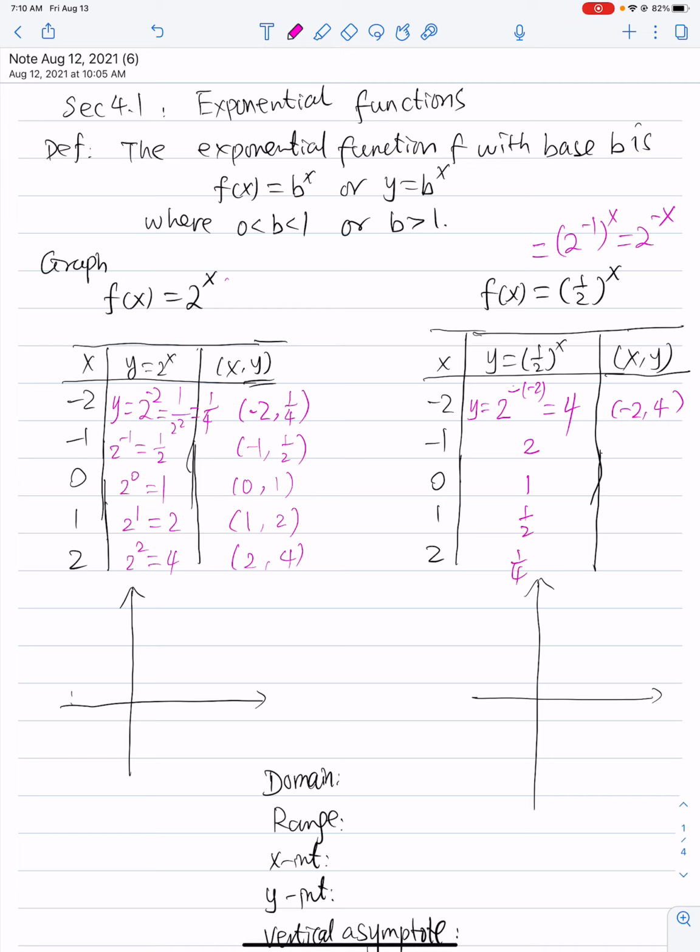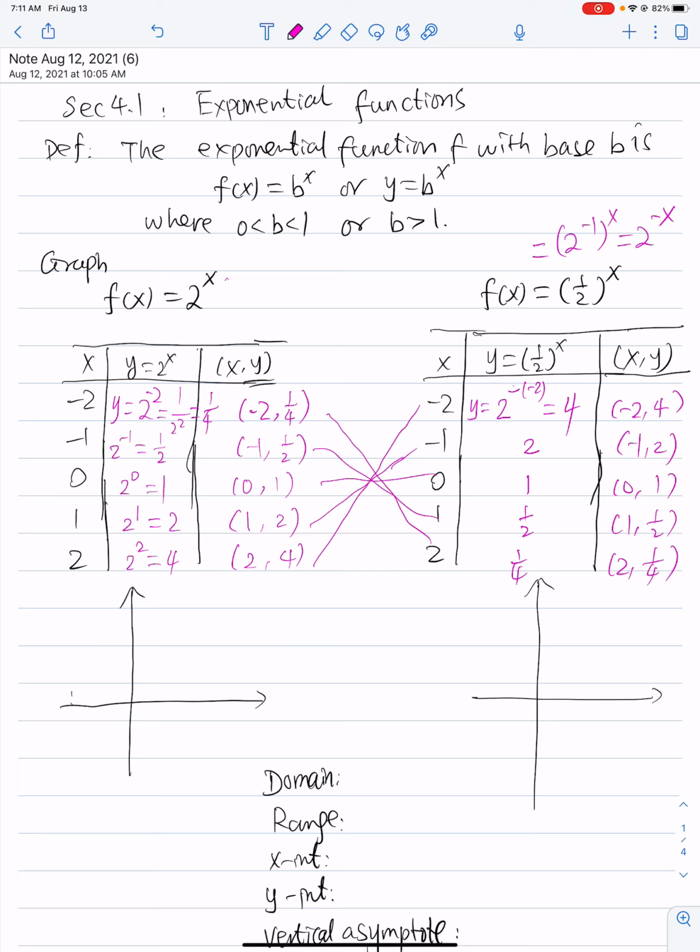So what happens is that these values are the same. I will ask you, what did you see?